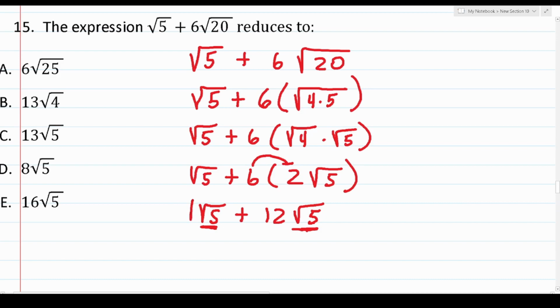Again, technically there's a 1 hanging out here, but it's not usually expressed. 1 radical 5 plus 12 radical 5 is 13 radical 5, which we can see is answer choice C. Okay, so that was that one. Key part of it was knowing that you can find two factors of 20, write them under the radical, and then break them into two separate radicals, which will enable you to simplify this expression further. Okay, so that's that one.